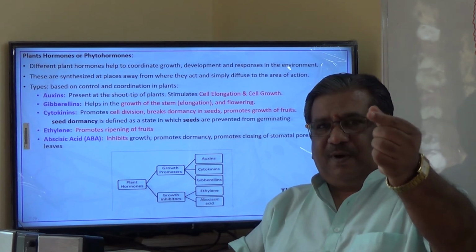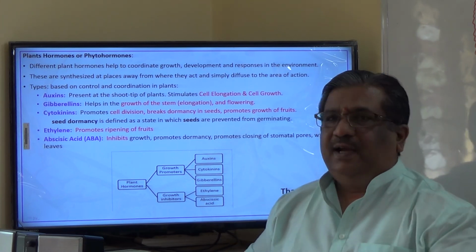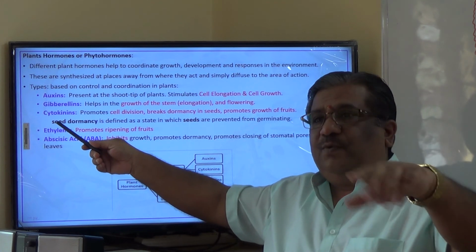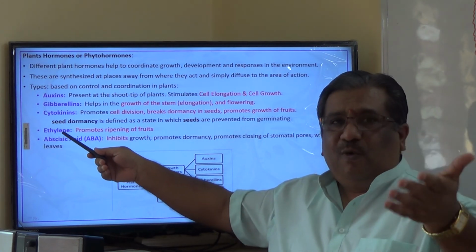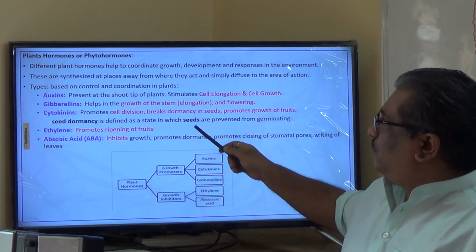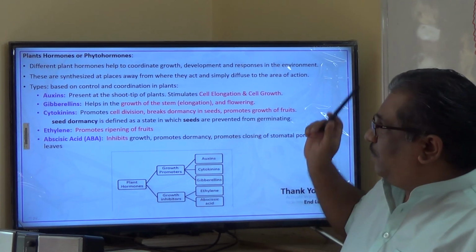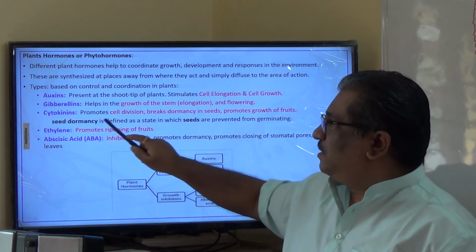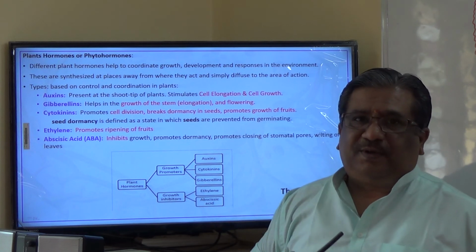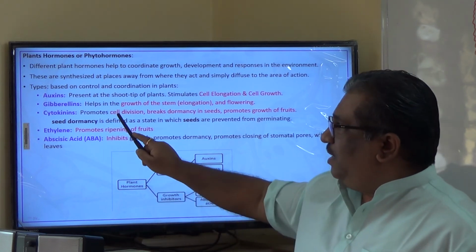Take a grain from your house and put it into water and soil. It starts germinating because of the hormone present in it, which promotes cell division, breaks the dormancy in the seeds and promotes the growth of the fruits also. So cytokinin is responsible for cell division and breaks the dormancy.